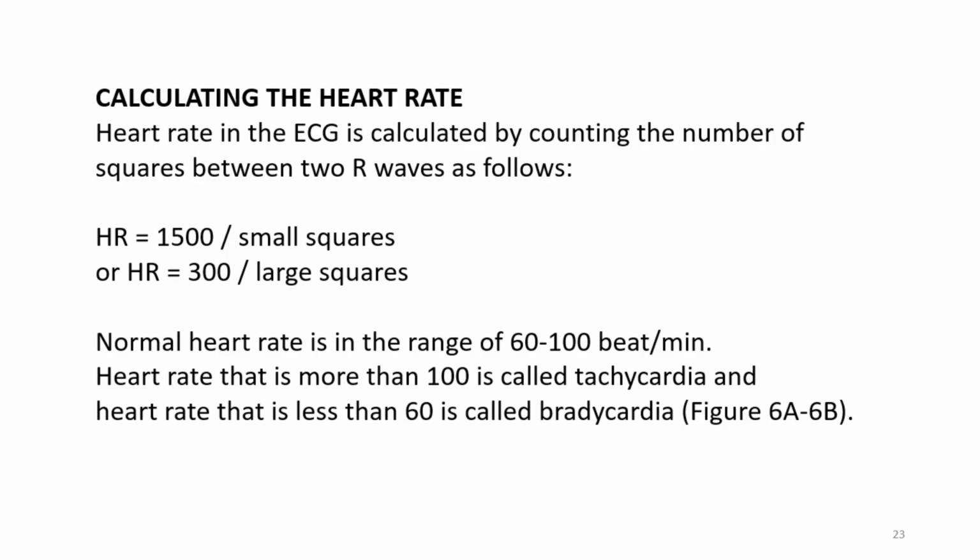Or if we use large squares, we use 300. So normal heart rate is in the range of 60 to 100 beats per minute. Heart rate that is more than 100 is called tachycardia, and heart rate that is less than 60 is called bradycardia.